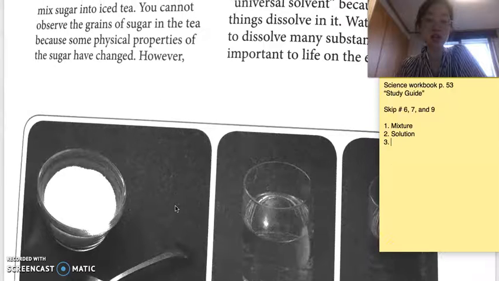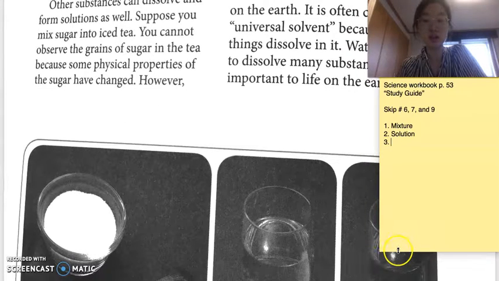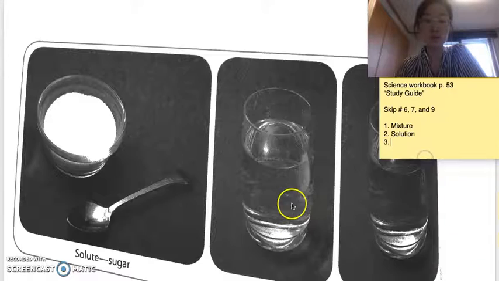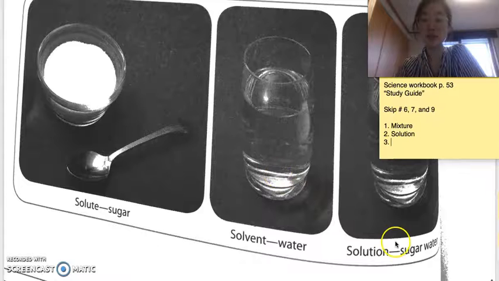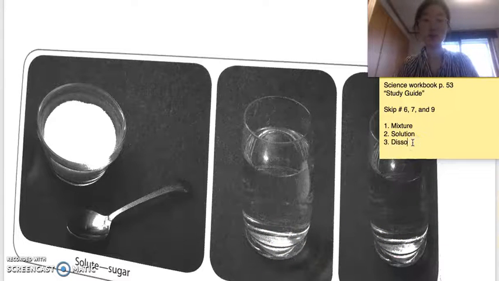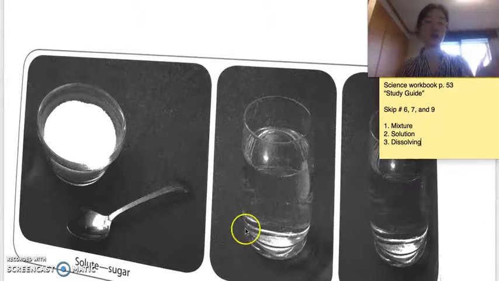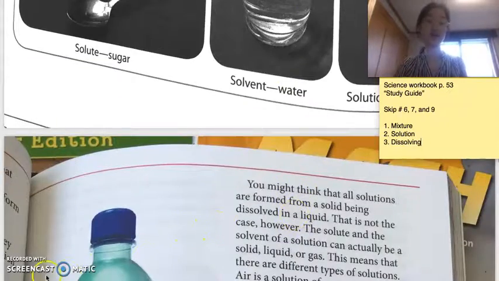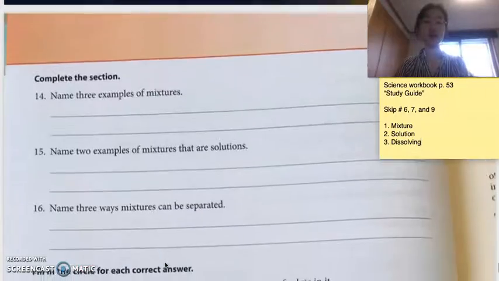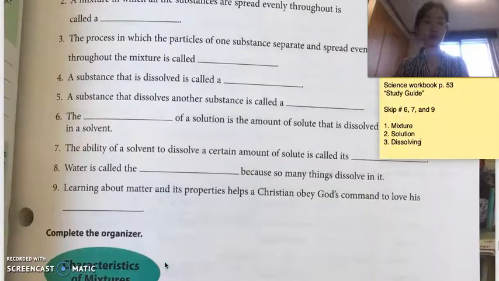Just like the sugar water we talked about, the salt water, when you put a solute inside a solvent, it creates a solution in that process. Where it seems like the salt and sugars are disappearing, it's called dissolving. It's not actually disappearing. It's just spreading evenly throughout the water.